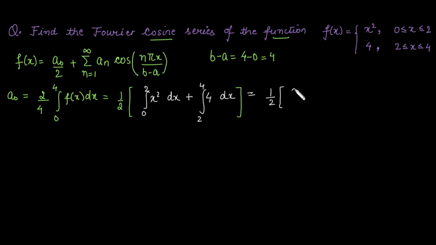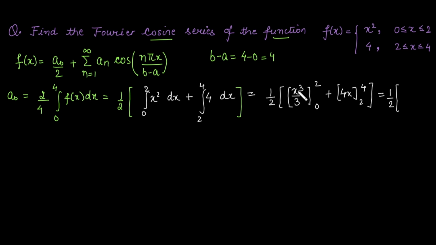This is equal to 1 by 2. Integration of x square is x cube by 3. Limits are 0 to 2. Plus integration of 4, 4x. Limits of this one are 2 to 4. This is further equal to 1 by 2.